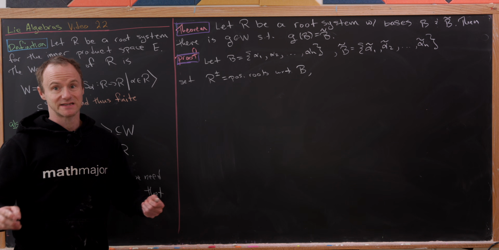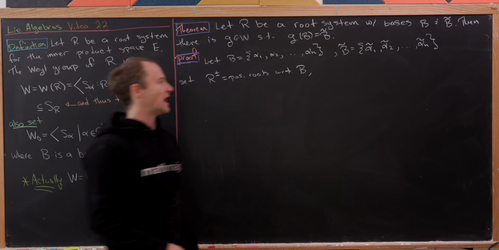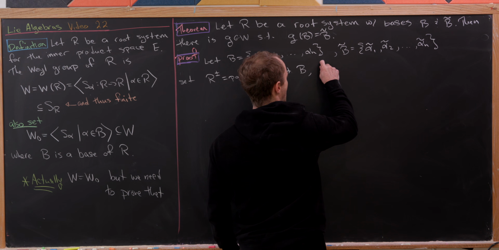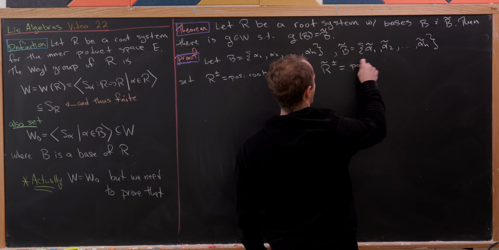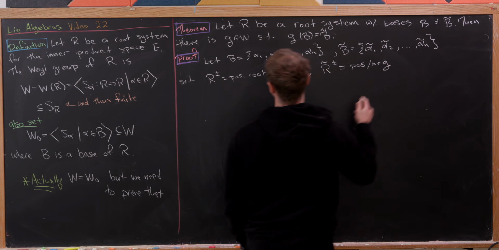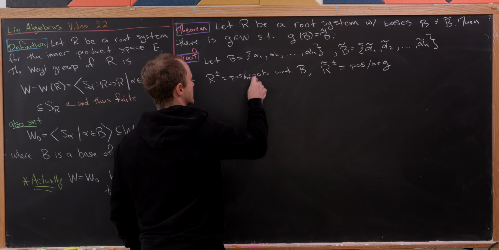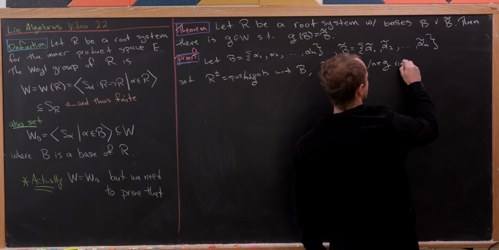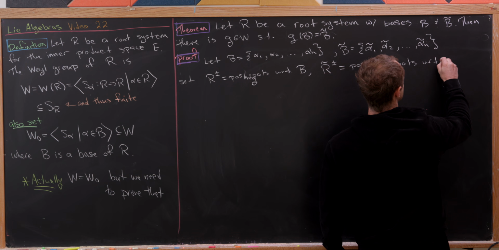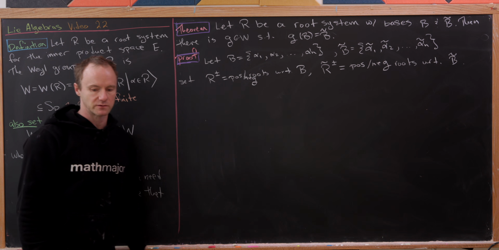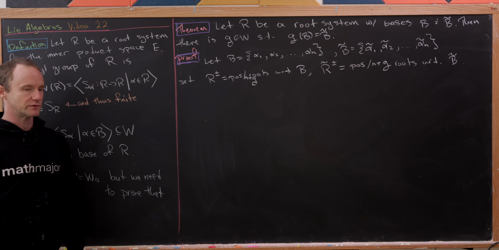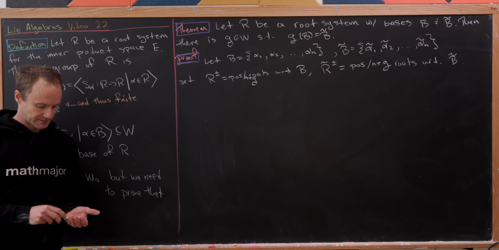Those are not necessarily fixed. And then let's set R tilde plus and R tilde minus equal to the positive and negative roots, respectively, with respect to B tilde. Okay, so we've got this set of positive roots and negative roots for each of the bases.